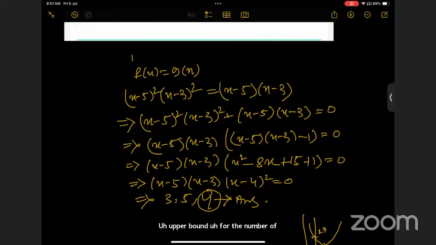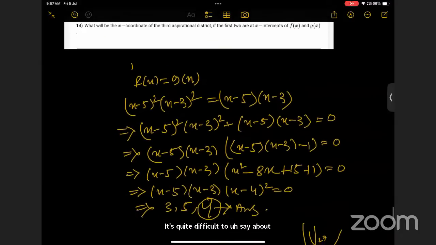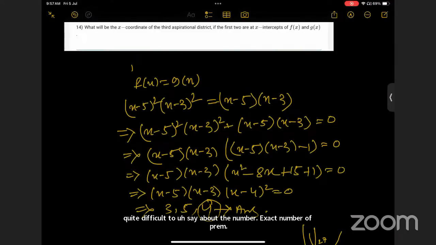If you have a general graph, you can say something about the upper bound of the number of turning points. But if you are not able to plot the graph, it is quite difficult to say the exact number of turning points. So they will ask about the maximum number of turning points, I think.